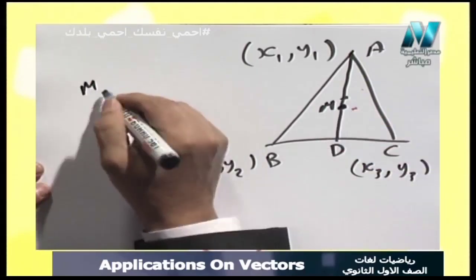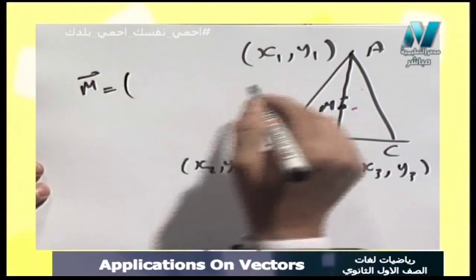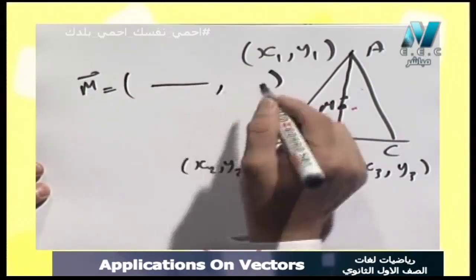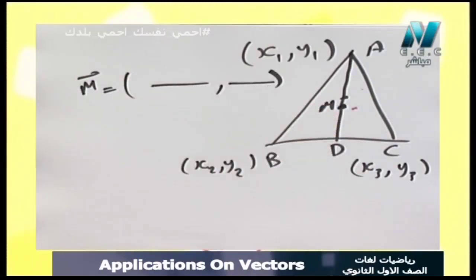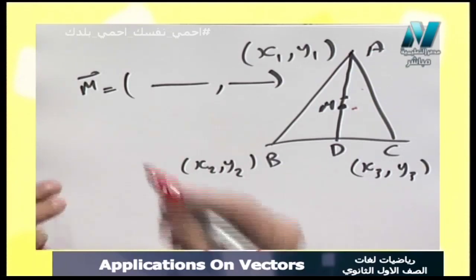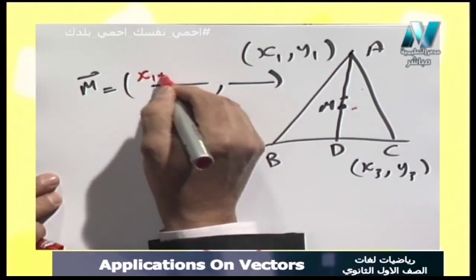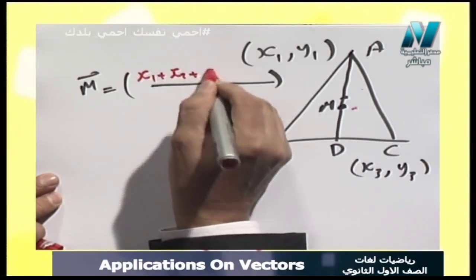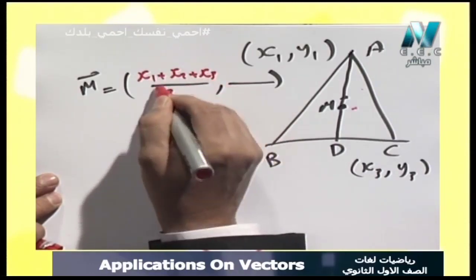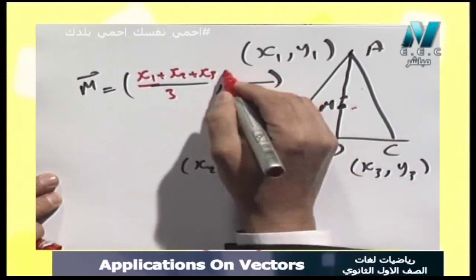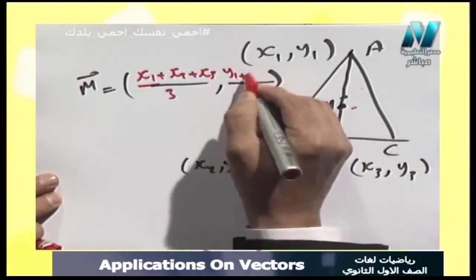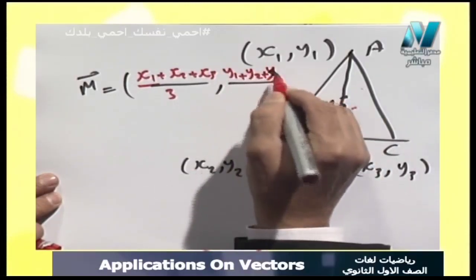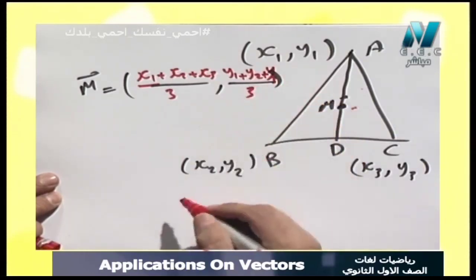M equals x1 plus x2 plus x3, all of them over 3, and of course y1 plus y2 plus y3 all over 3.